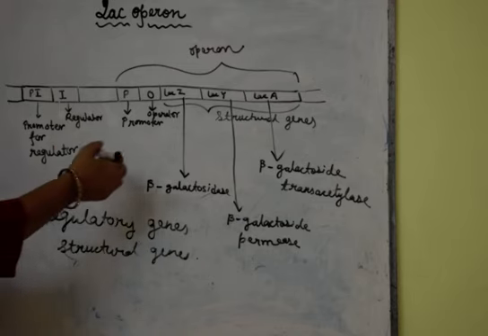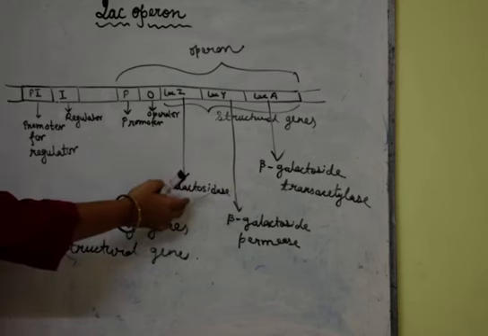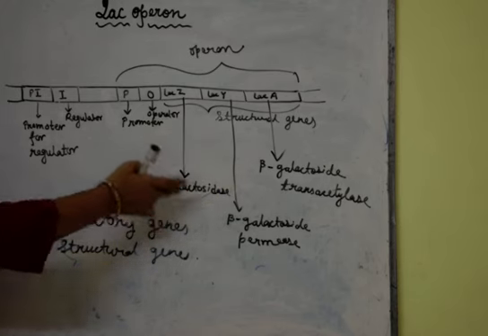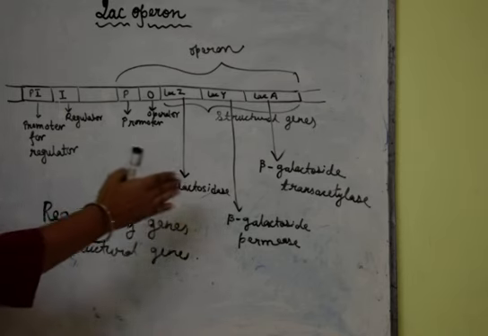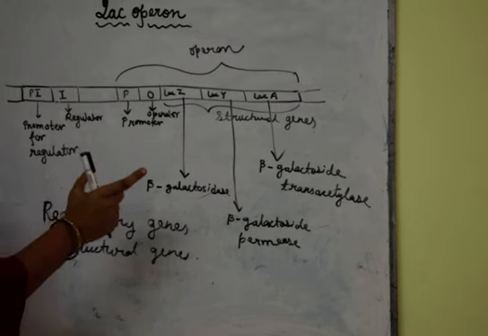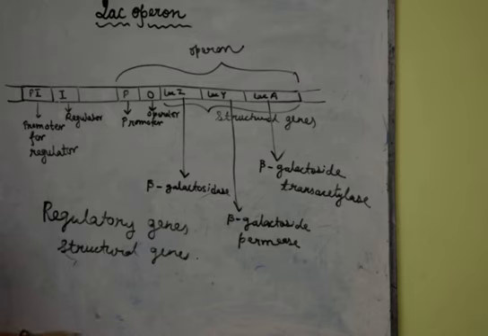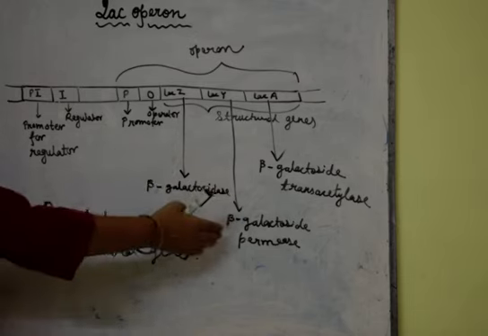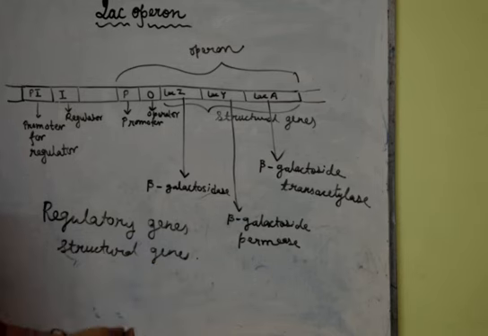We know that LAC-Z encodes the enzyme beta galactosidase, which cleaves the sugar lactose into galactose and glucose, both of which are used in the cell as energy sources. LAC-Y encodes the protein permease, a protein that inserts into the cell membrane and transports lactose into the cell.